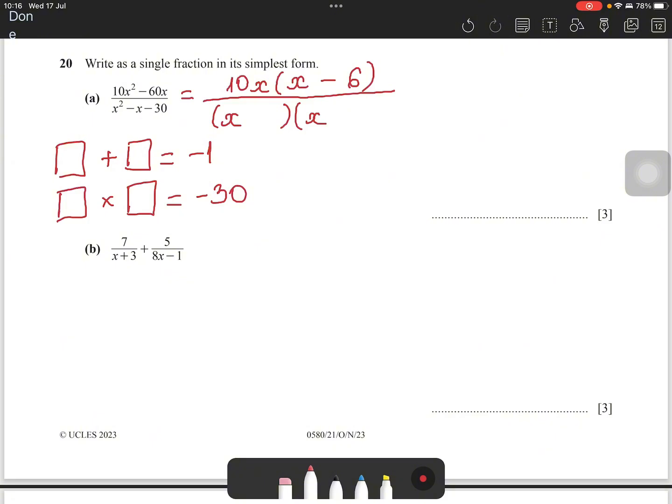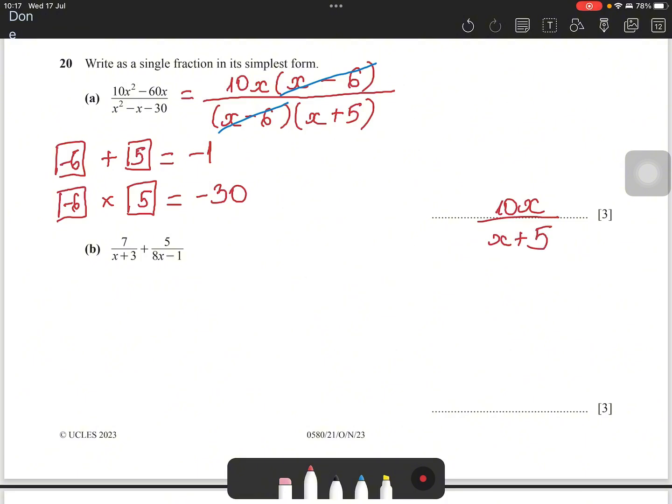So those two numbers are negative 6 and positive 5, because negative 6 plus 5 is negative 1, and their product is negative 30. So I'll write x minus 6 multiplied by x plus 5. Now we see that we can cancel x minus 6 because they are the same. And the answer for this question is 10x over x plus 5.